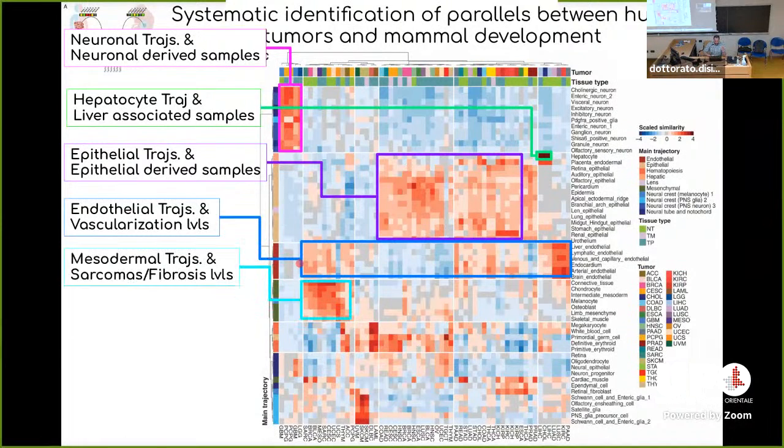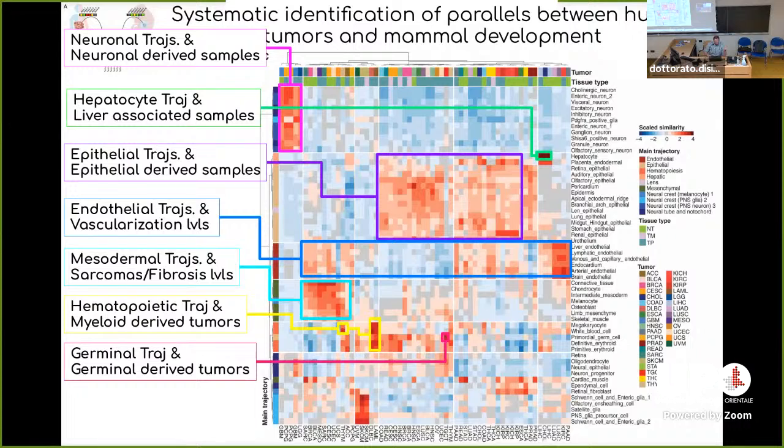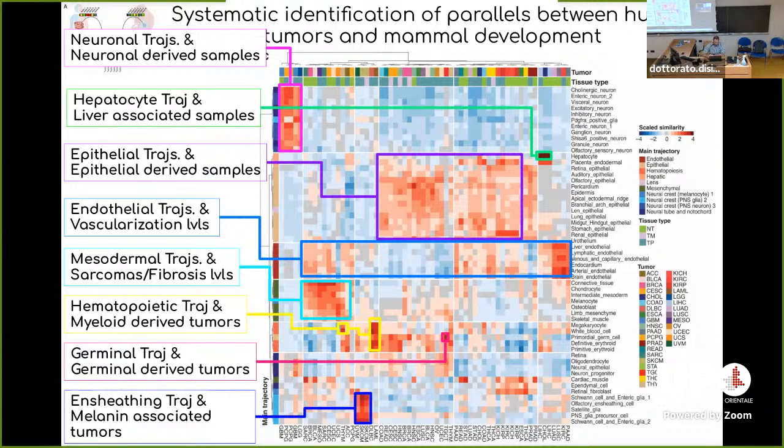We have then the mesenchymal-derived trajectory that highlights sarcomas, for example mesothelioma, uterine carcinosarcoma, and proper sarcoma. We have then the hematopoietic trajectory that highlights leukemia and lymphoma. The germinal trajectory highlights testis tumor, and the pigment-cell trajectory melanin-associated tumor.